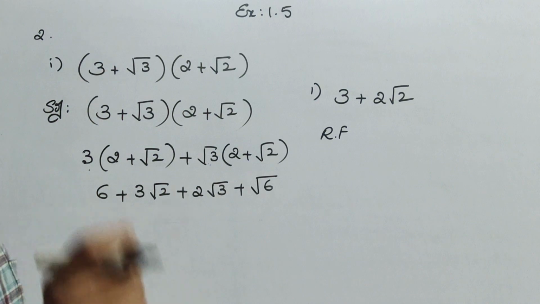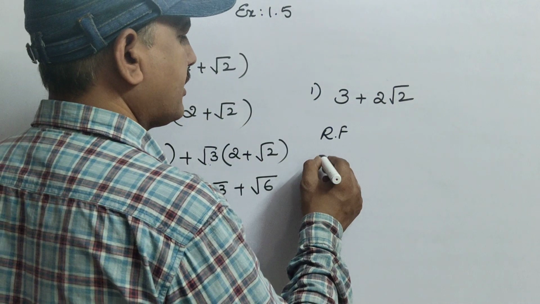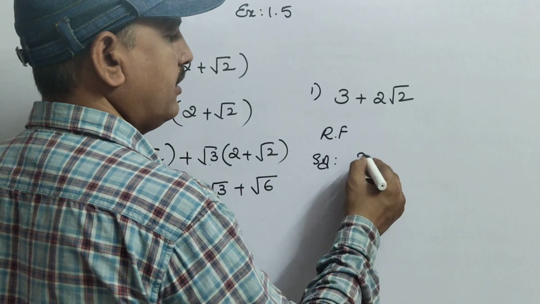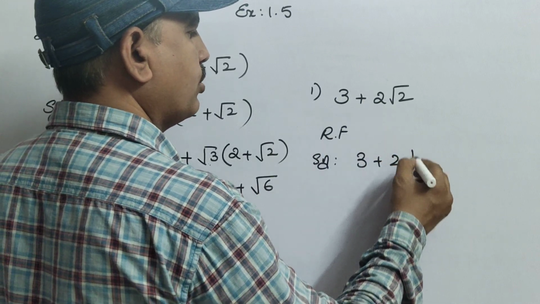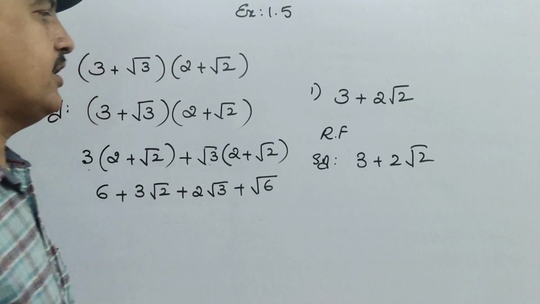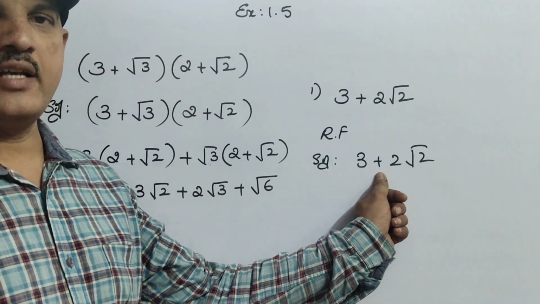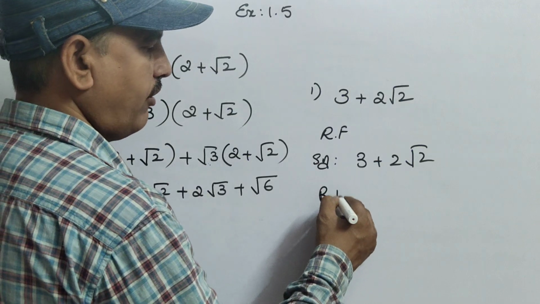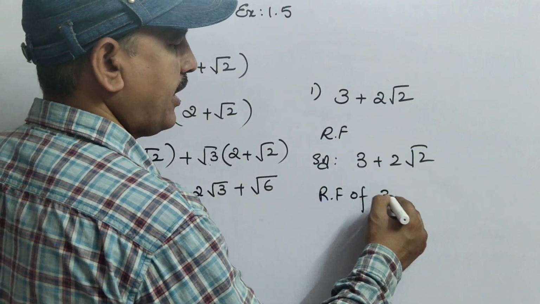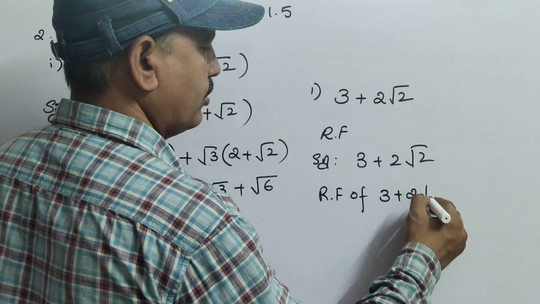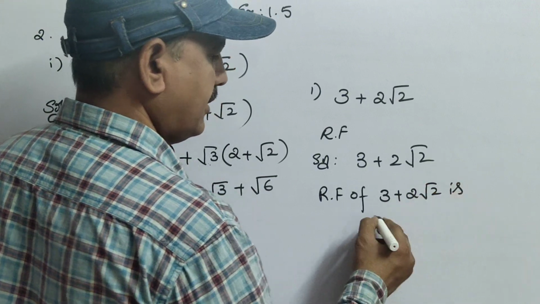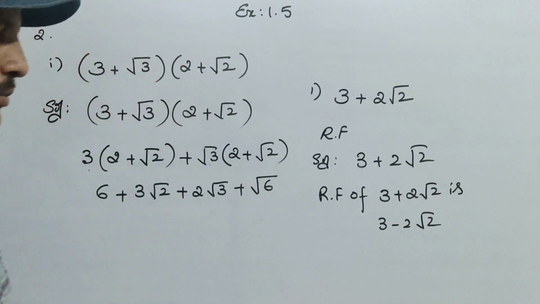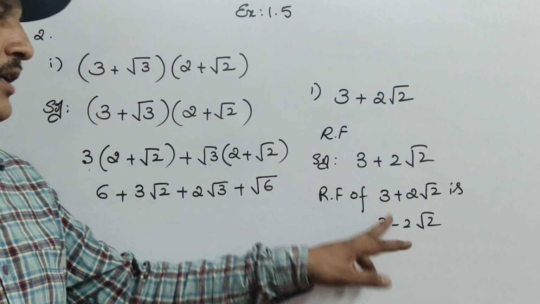Children, there is a simple logic here. Just change the symbol plus to minus. That means the rationalizing factor of 3 plus 2 root 2 is 3 minus 2 root 2. That's all. Simply the plus becomes a minus.